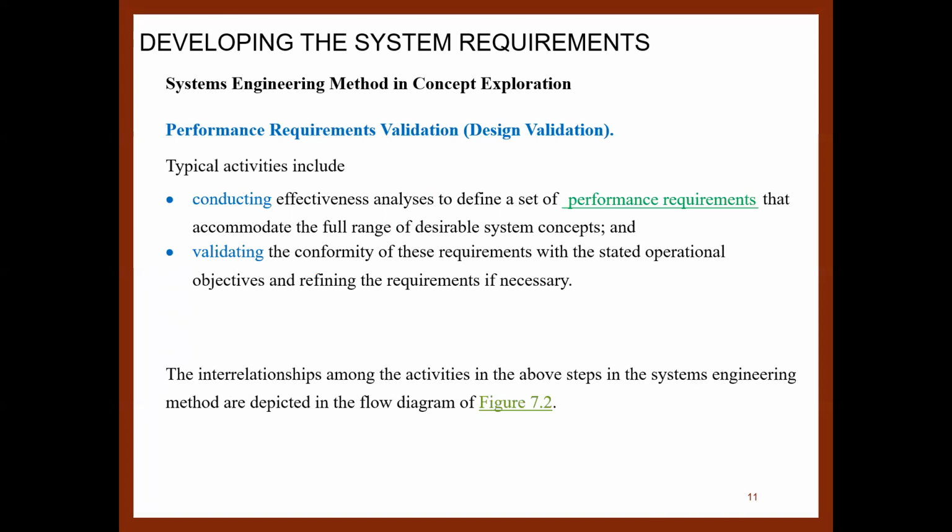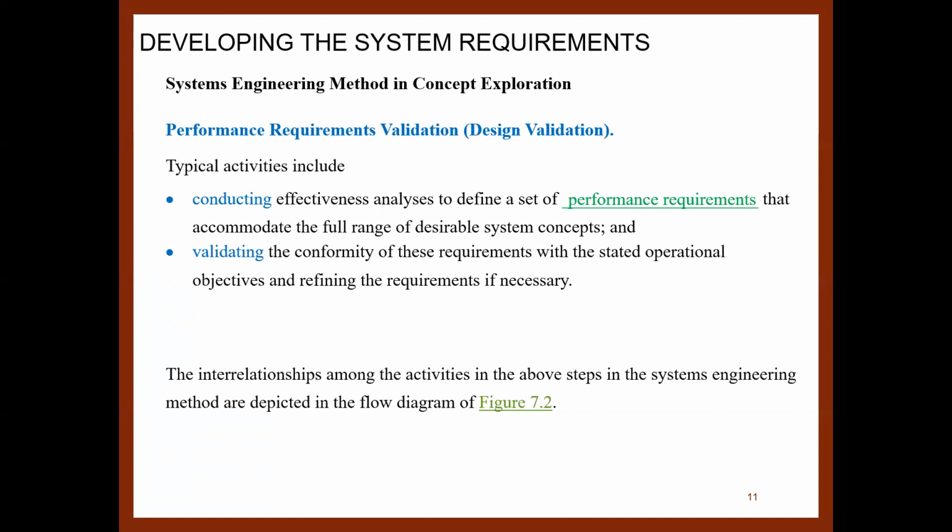Or we're designing a school, and the school might be able to hold students from kindergarten to 5th grade. So those are performance requirements for your system that can accommodate the full range of desirable system concepts. Validating the conformity of these requirements with the stated operational objectives, and refining the requirements if necessary.